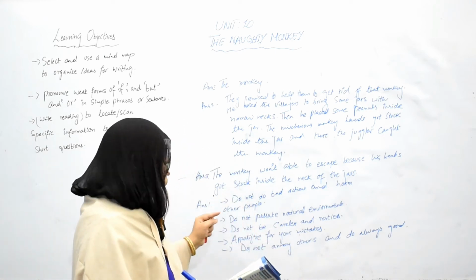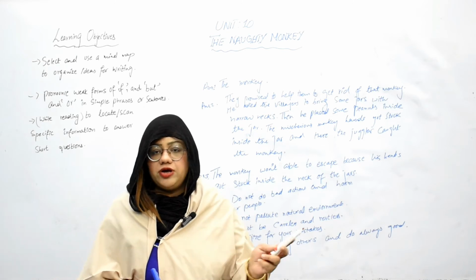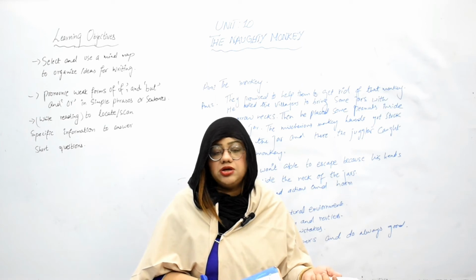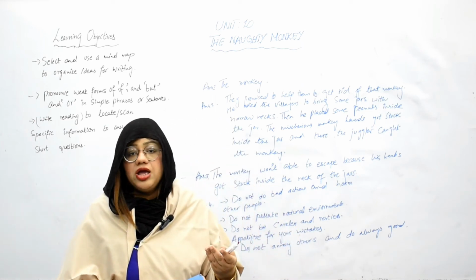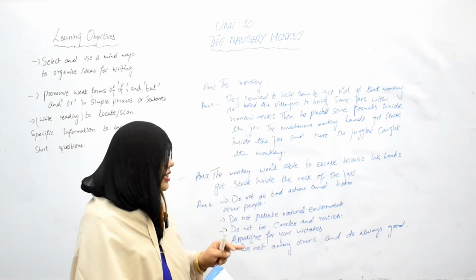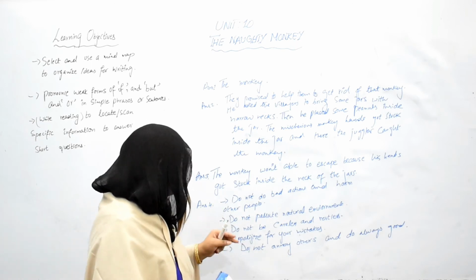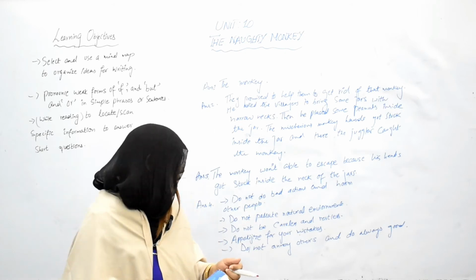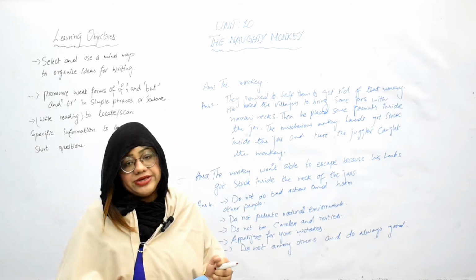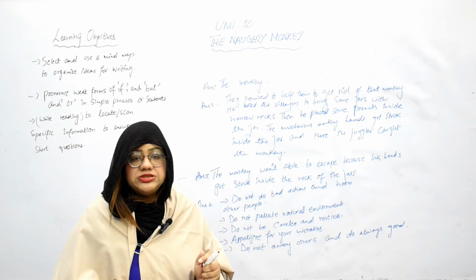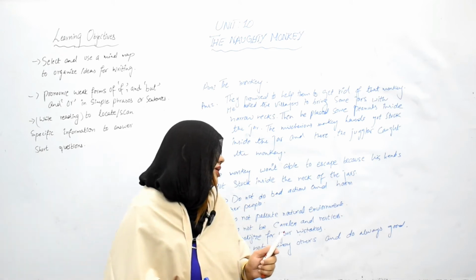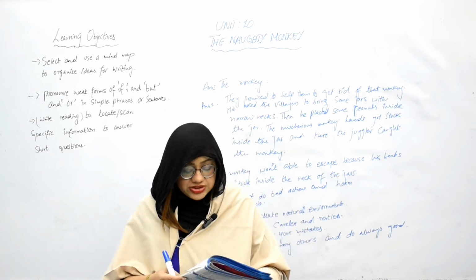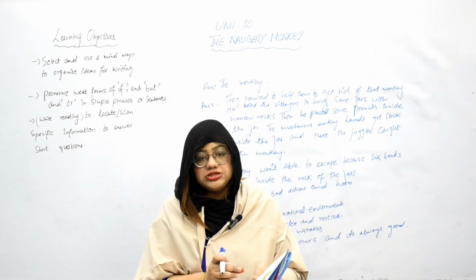There are just a few morals that I have found, but according to your understanding, you may add more moral lessons. So here I'm repeating again: do not do bad actions and harm other people, do not pollute the natural environment, do not be careless and restless, apologize for your mistakes, do not annoy other people, and always do good. So this is the moral lesson, and I have written a few sentences for you.